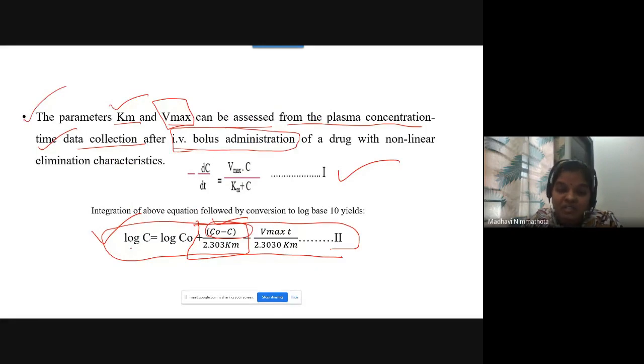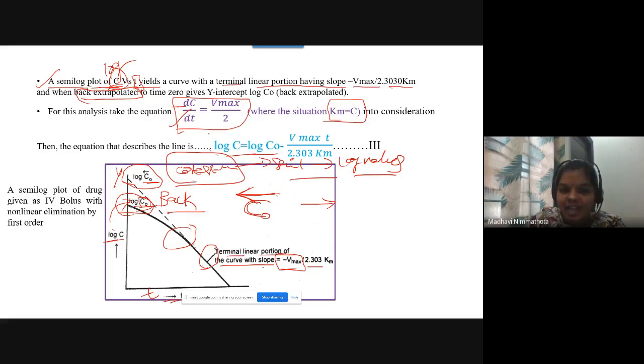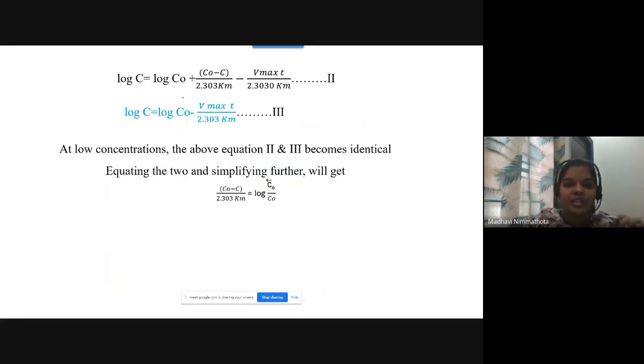Then the equation becomes log C is equal to log C0 minus Vmax into T by 2.303 Km. Is it right or not? So that equation comes directly here. In your textbooks, they have written this equation directly without writing the previous equation. So you must follow the slides, what I am telling you. Then once again, write the second equation and then the third equation.